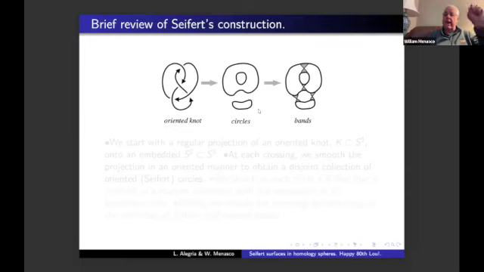You cap each one of these circles off with a disk, and I'm going to think of it bulging towards us from the projection plane. These disks can be nested, and the disks are oriented. They get the induced orientation coming from the orientation of their boundary. Then you recapture the original knot by putting in these half-twisted bands, one at every crossing that you smooth. All right.